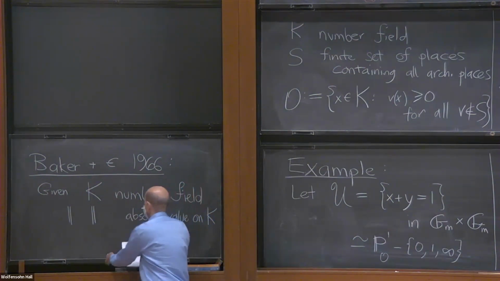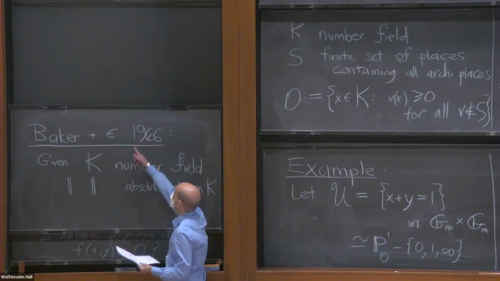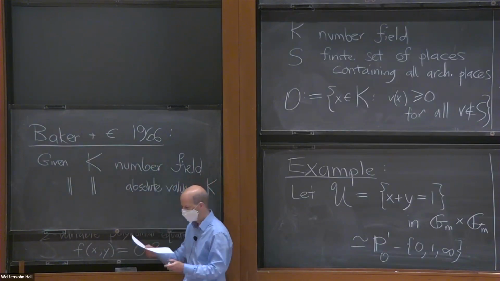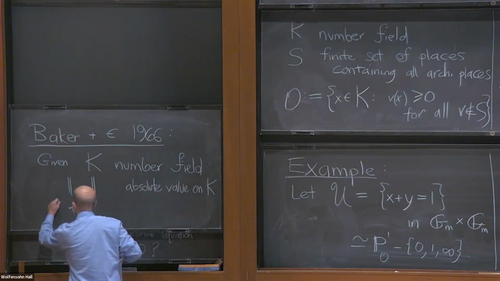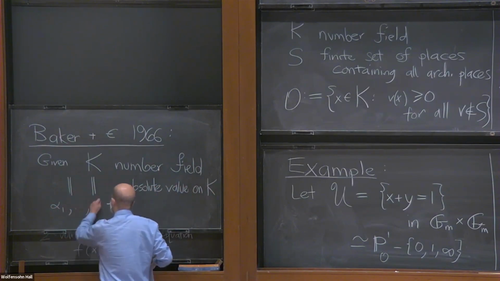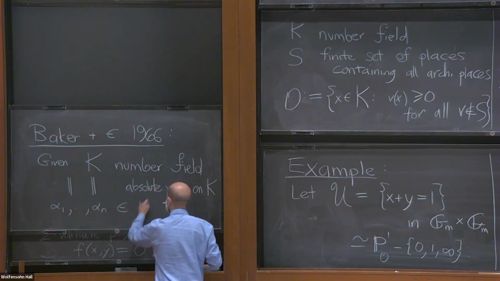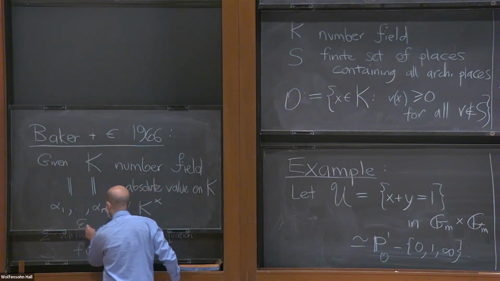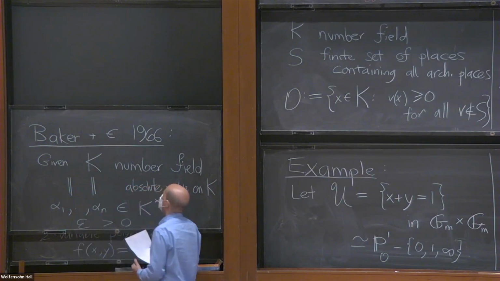Baker did the Archimedean case. It's the p-adic case that's the epsilon. And then you have a bunch of non-zero algebraic numbers in the number field, and finally you have a positive real number epsilon.